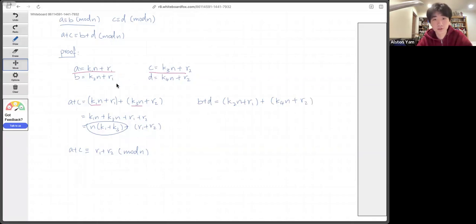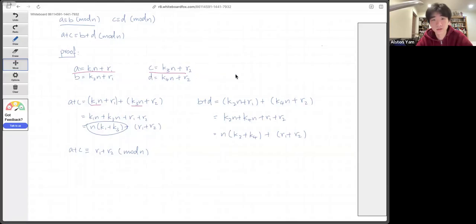I am just substituting this term and this term into this equation. Okay, let's do the same thing as before. K2n plus K4n plus R1 plus R2, that'll be our rearranged equation, and that would be equal to n times (K2 plus K4) plus R1 plus R2.